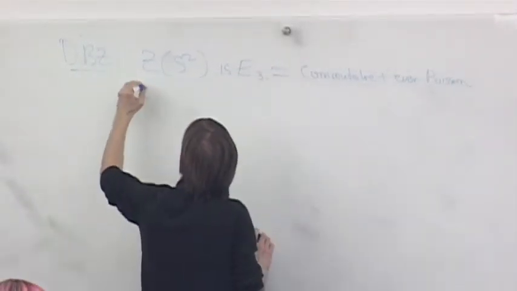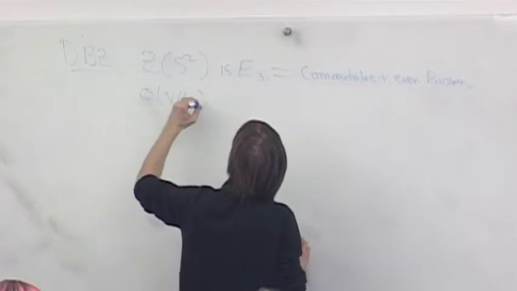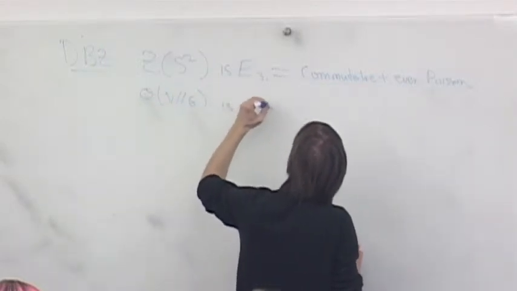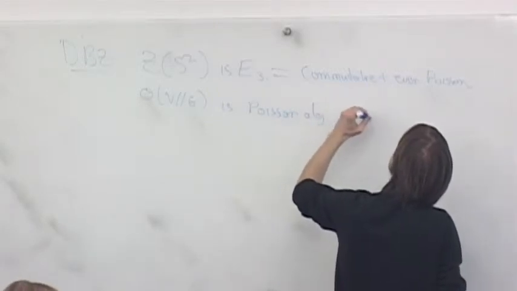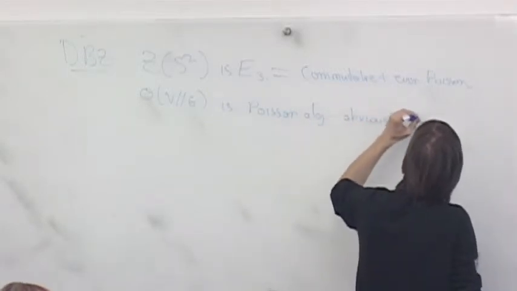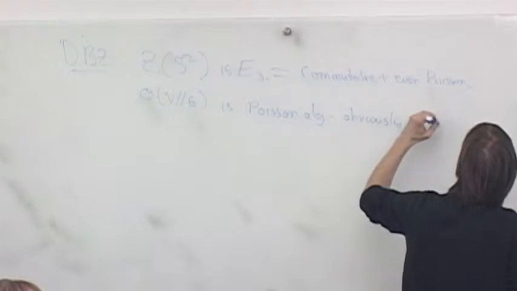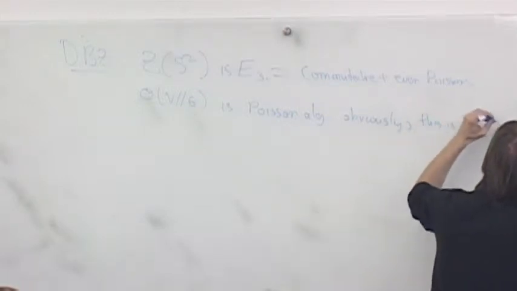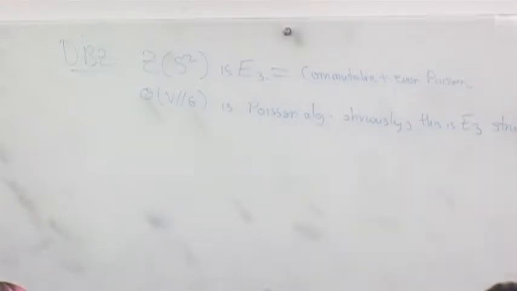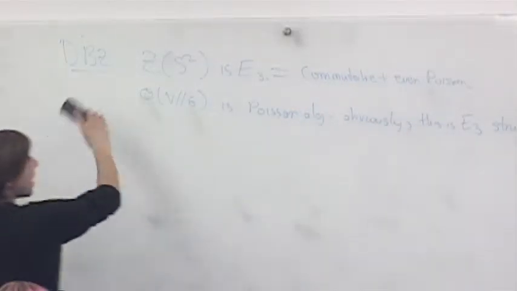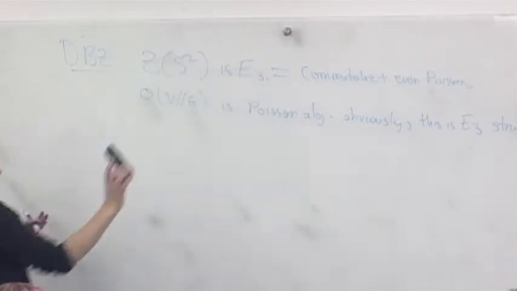In this picture, this is a Poisson algebra in the obvious way, and this is the E3 structure. I think David will talk more about this tomorrow. This is like the Higgs branch. The Higgs branch is some Poisson manifold with Poisson structure coming from the E3 algebra.